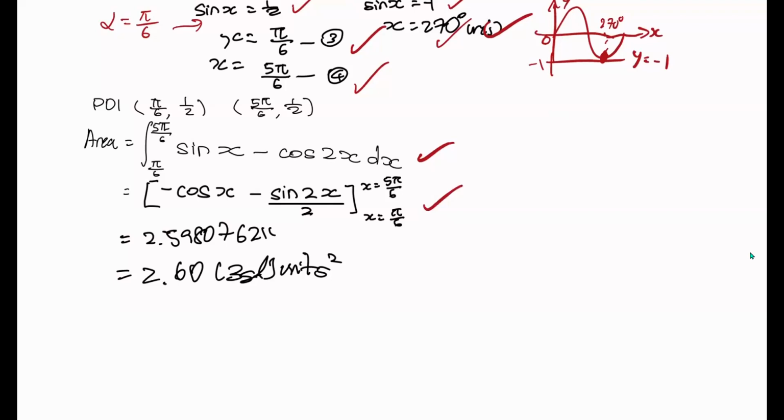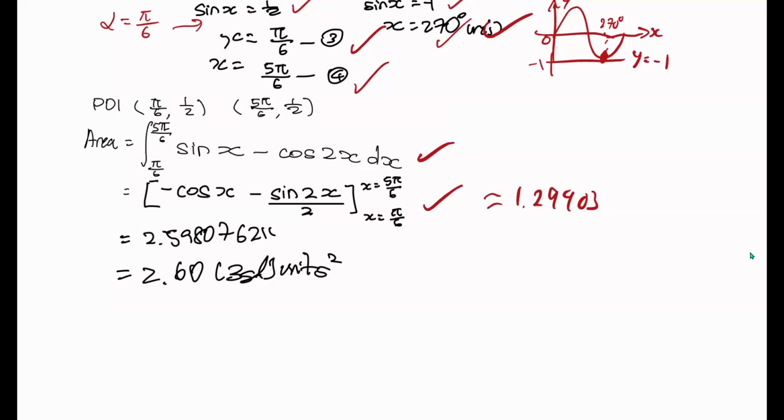Let me double check. To change to radian mode. Actually, I didn't have to do that, but okay. The first half is 1.29903.